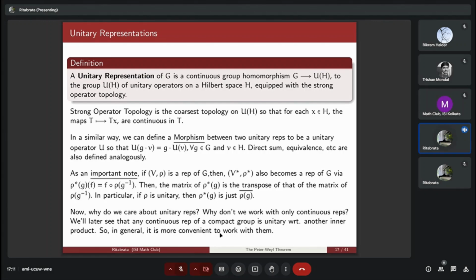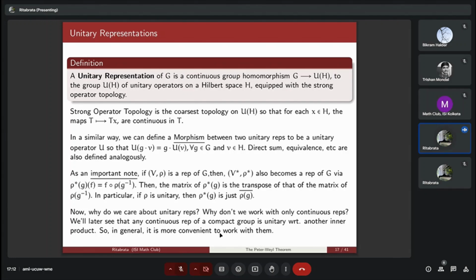Since we have defined a new structure called a unitary representation, we need to define our morphisms and other things accordingly. These are very analogous definitions.